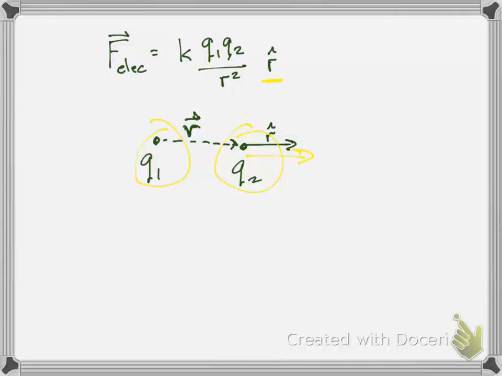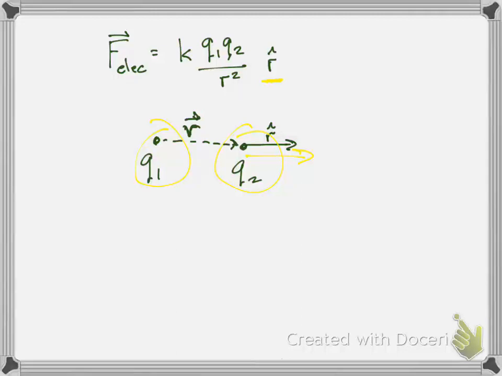If they're two negative charges, the negatives cancel and it's still radially away. And if they're positive and negative, then it's the minus radial direction and it's an attractive force. But it's still the same structure as the gravitational force.